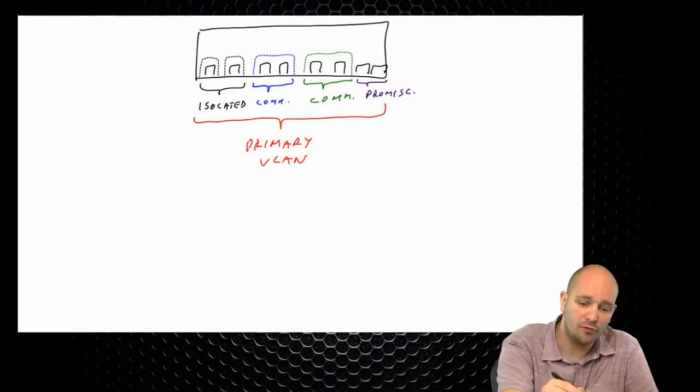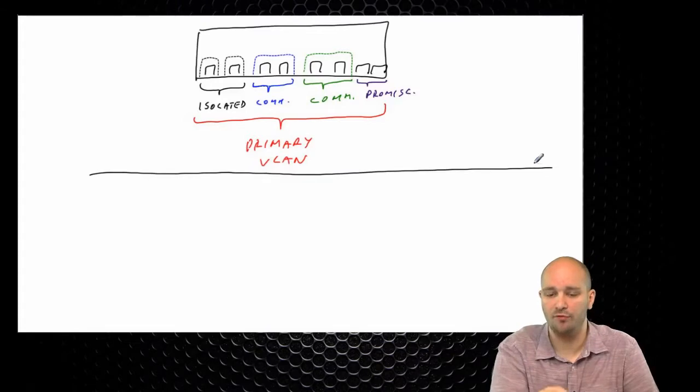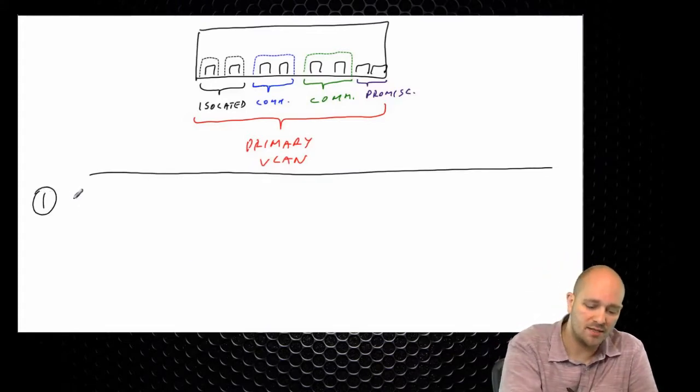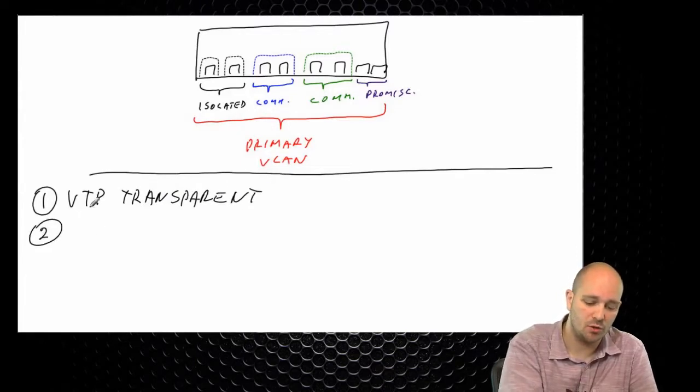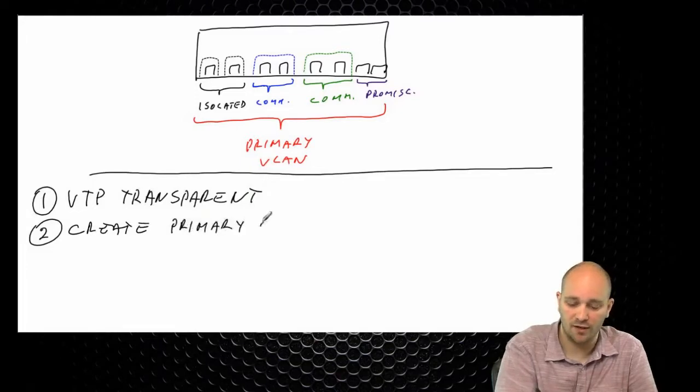Now, when you are configuring private VLANs, there are a couple of prerequisites that you need to do. Number one is that your switch must operate in VTP transparent mode. Once you have done that, you need to create primary and secondary VLANs.